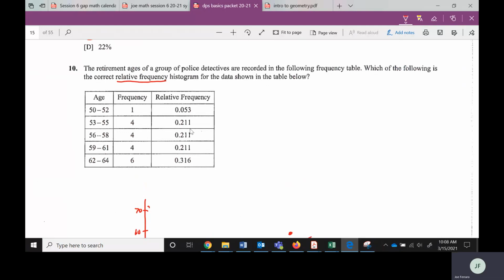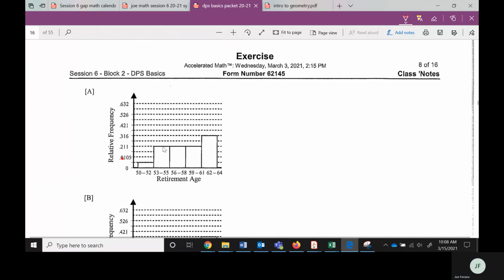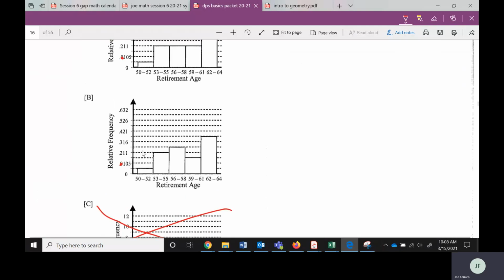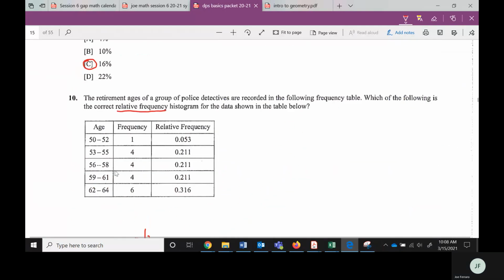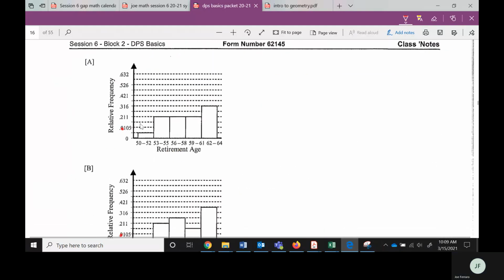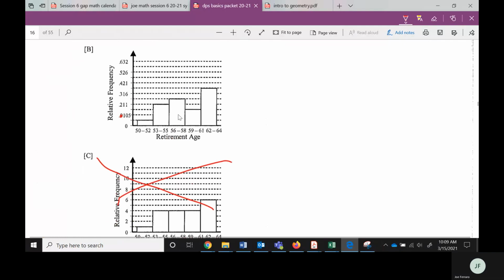53 to 55, 0.211, 0.211, 0.211. So they're both working. Now, 56, 58, and 59, 61 also both have 0.211. So yes, yes, no. This one goes higher than it. So this one is out.